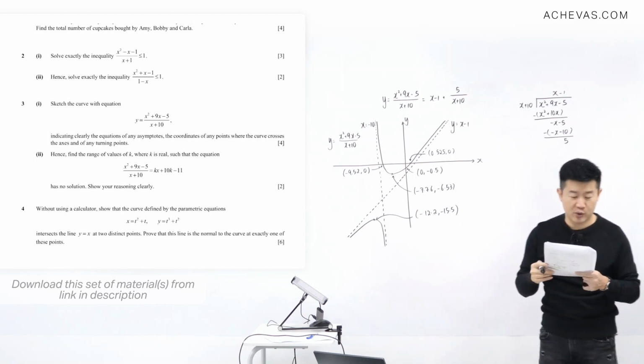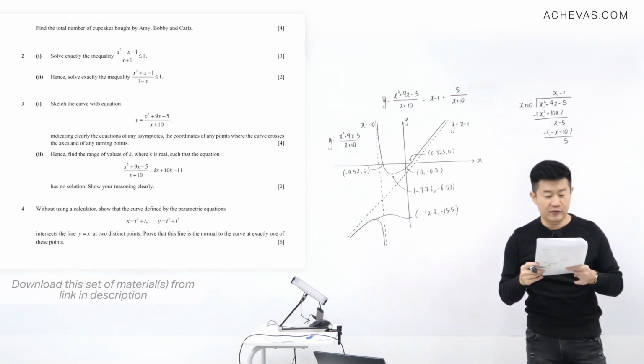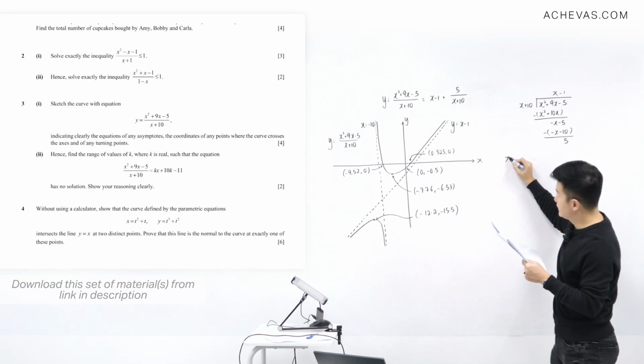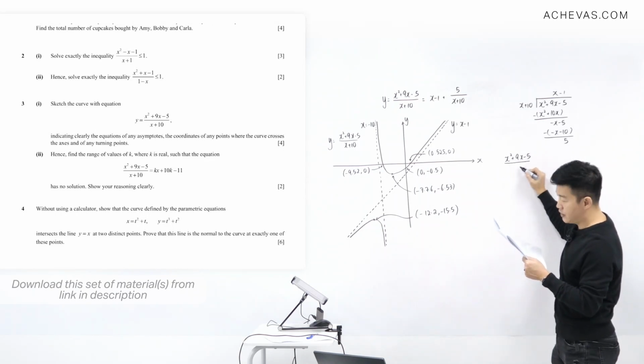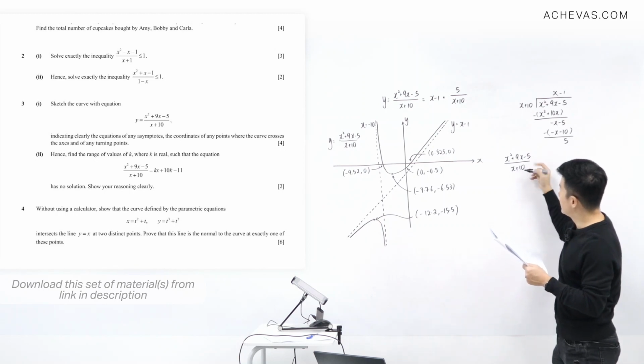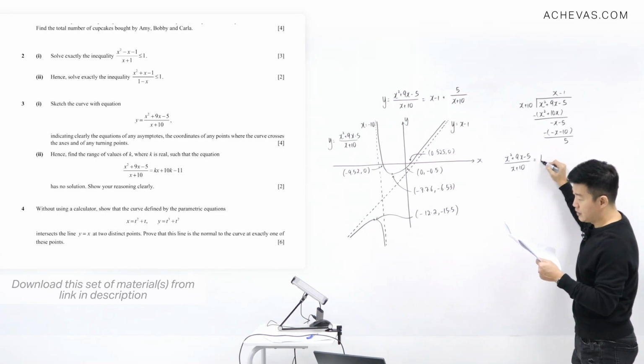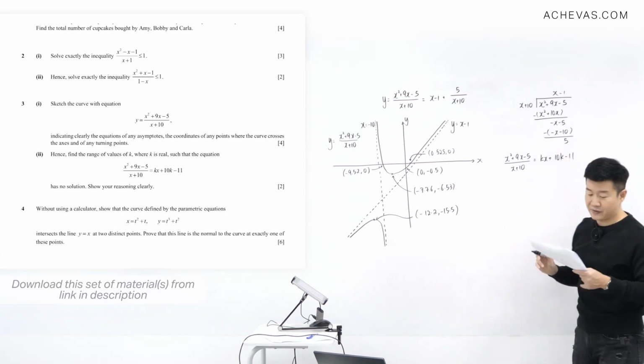And then in part 2, the question says, hence, we are supposed to find the range of values of k, where k is a real number, such that this equation here, x squared plus 9x minus 5 over x plus 10, which looks exactly the same as this, is equal to kx plus 10k minus 11.